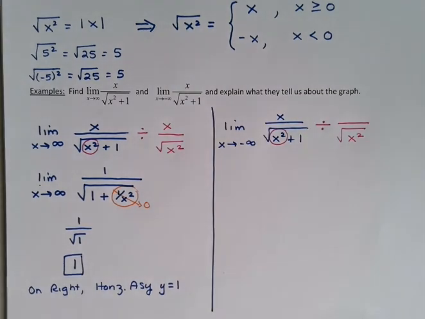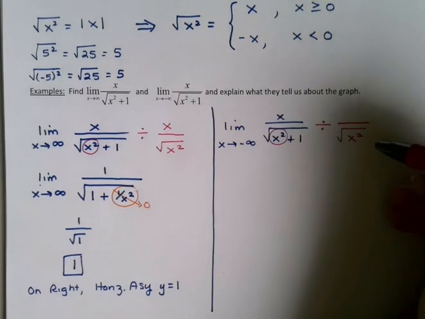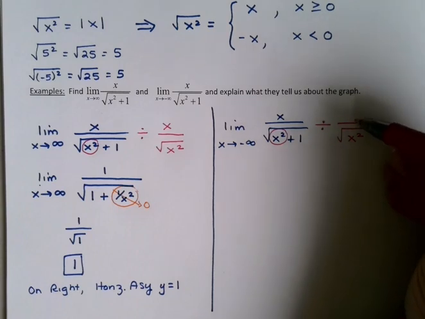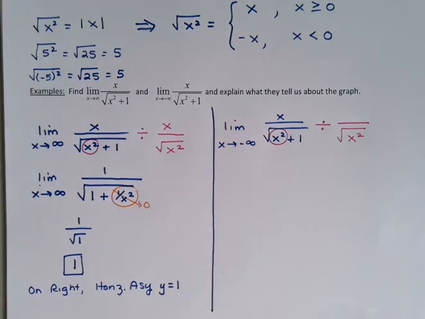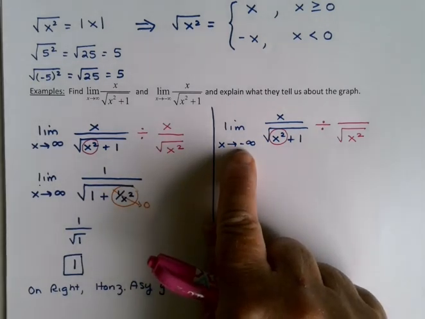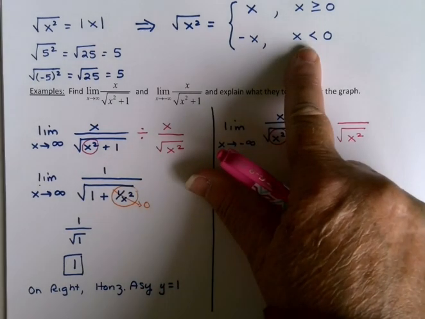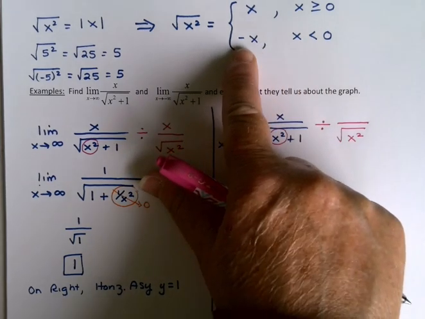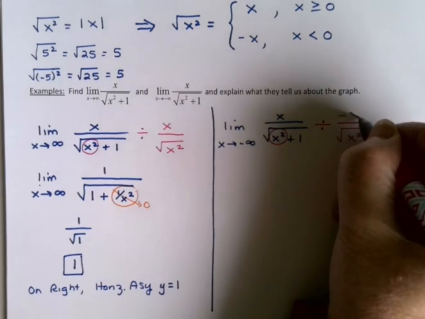Again, I have to divide by a form of 1, but I can put anything I want up here as long as it means the same thing as the square root of x squared. This time, because my x's are negative, they're approaching negative infinity, the square root of x squared would actually be the opposite of x.